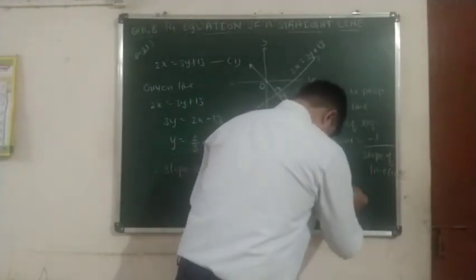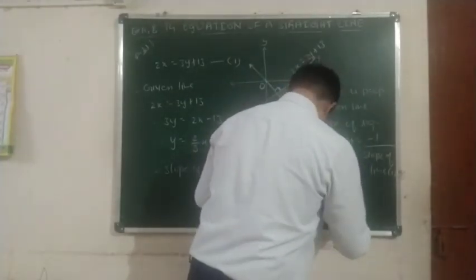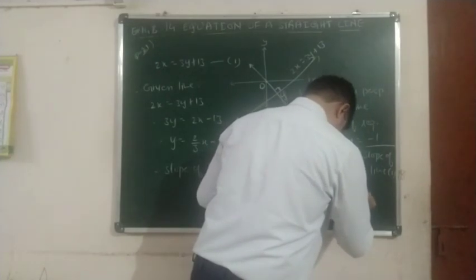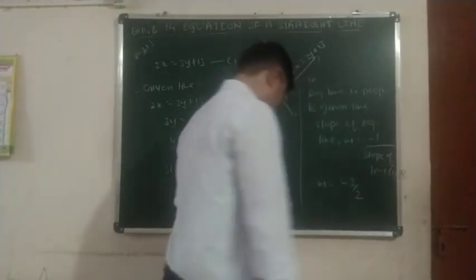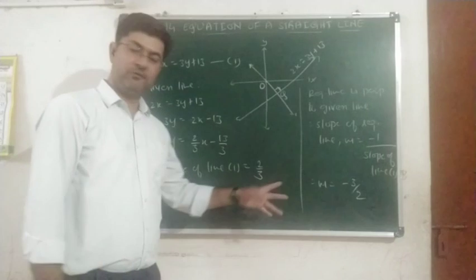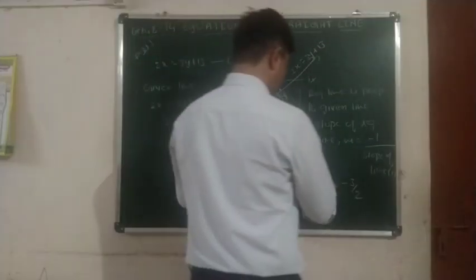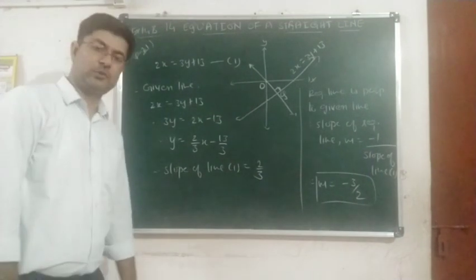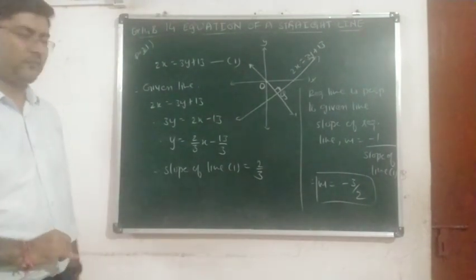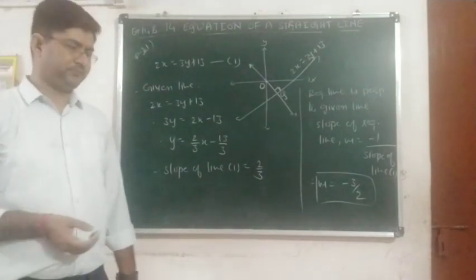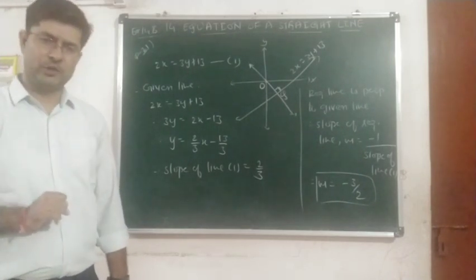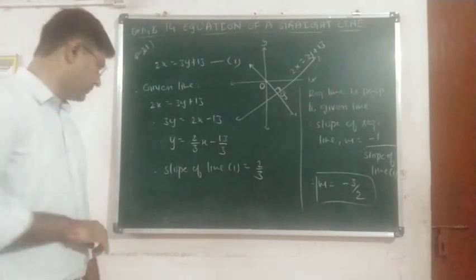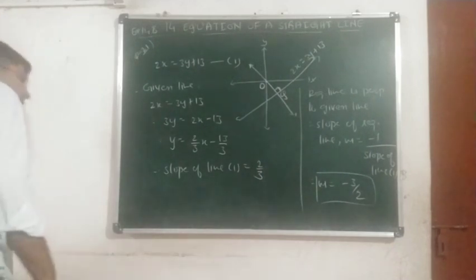Therefore m is equal to its negative reciprocal. The negative reciprocal of 2 upon 3 will be minus 3 by 2. So this is the slope of the required line, and the required line passes through the origin. So we can use the point slope formula, or we can even directly use the formula of a line passing through the origin.